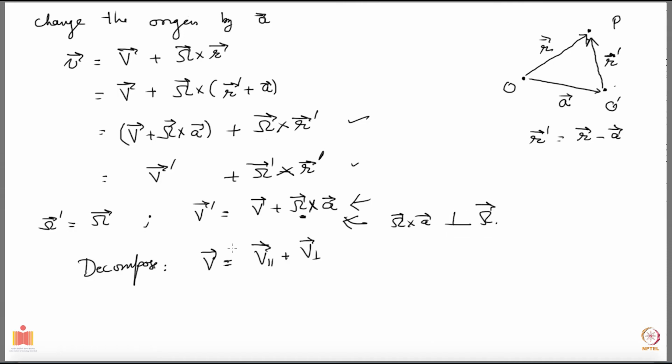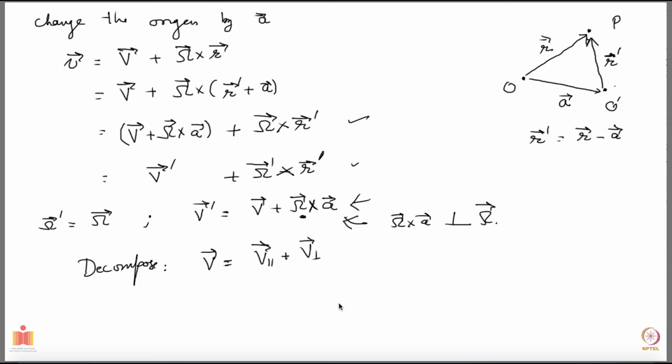So let me just write a line here. That's not a very nice line.